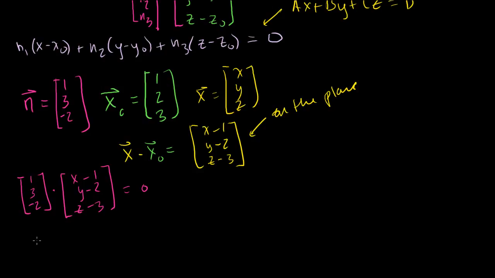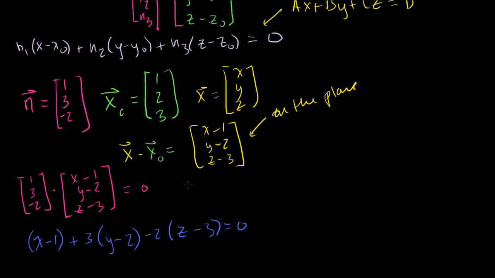We get 1 times x minus 1 is x minus 1, plus 3 times y minus 2, just taking the dot product, minus 2 times z minus 3 is equal to 0. Let's see if we can do a little bit of algebra here to clean this up.